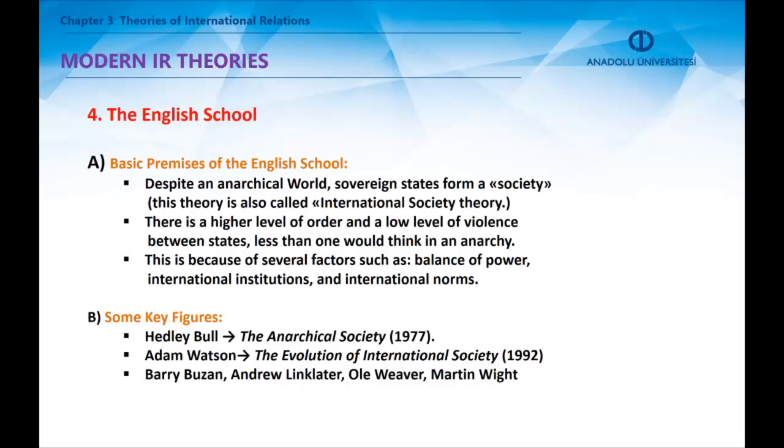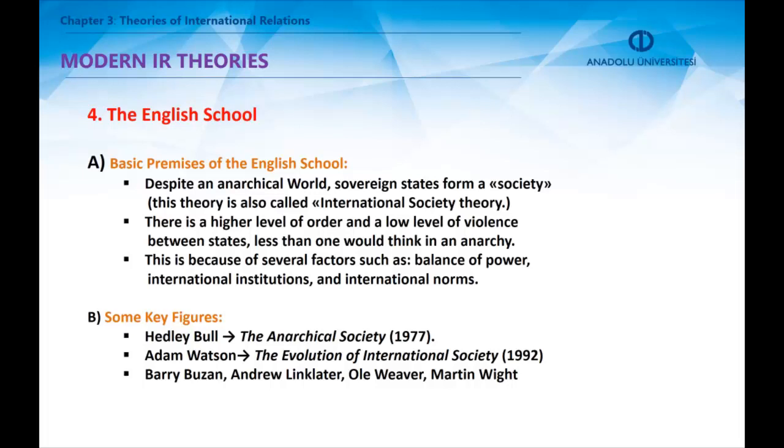The English school is also called International Society Theory, because it observes a society even in this anarchical world. They say we see a higher level of order and a lower level of violence between states than people would think in an anarchy. This is because of balance of power, international institutions, and international norms.